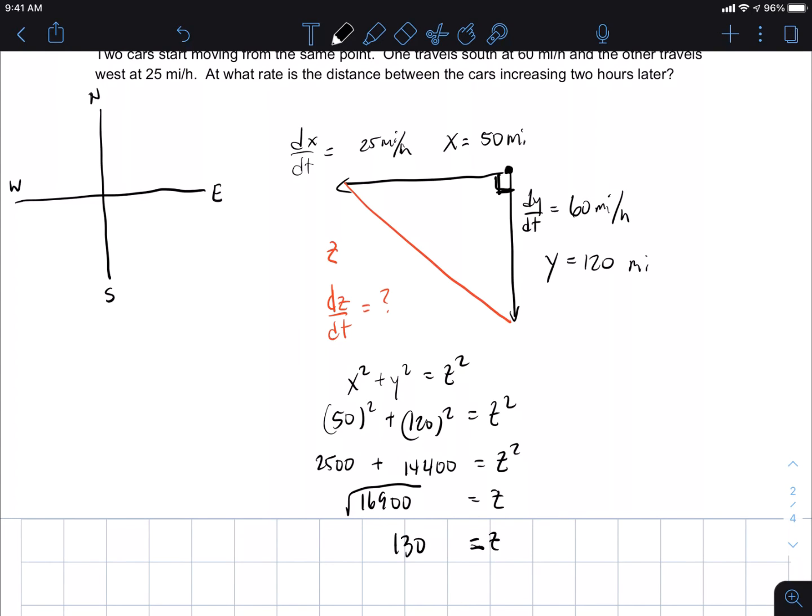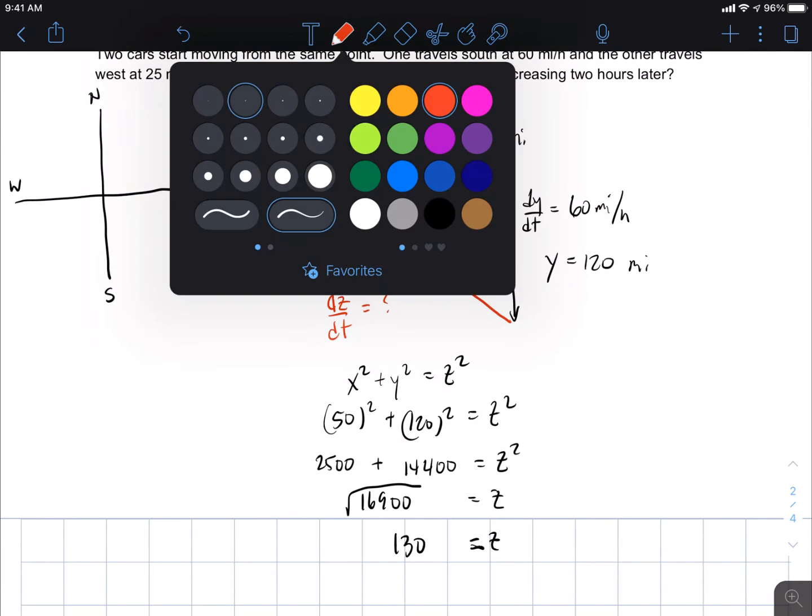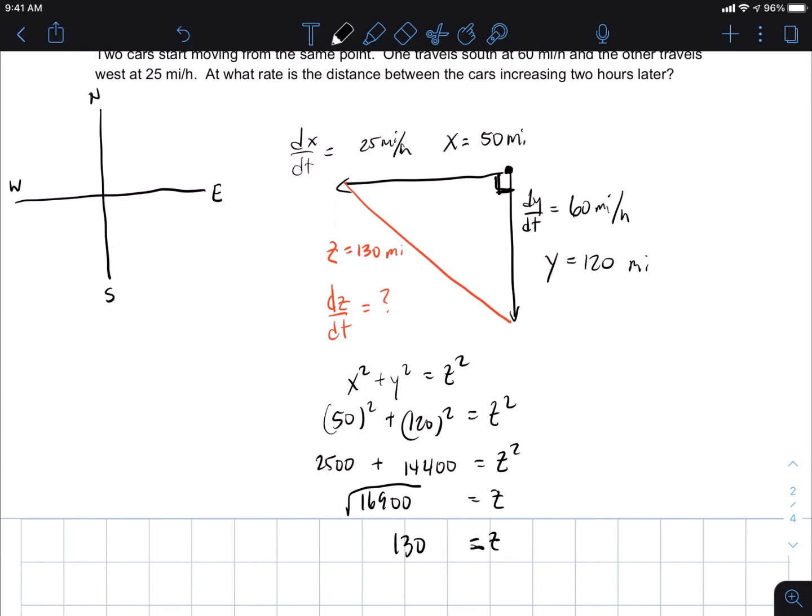So we now know that the distance between the two cars after 2 hours is 130 miles. And we should have known that, right? Because it's a 5, 12, 13 triangle.